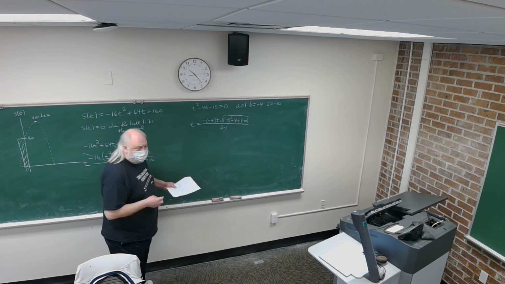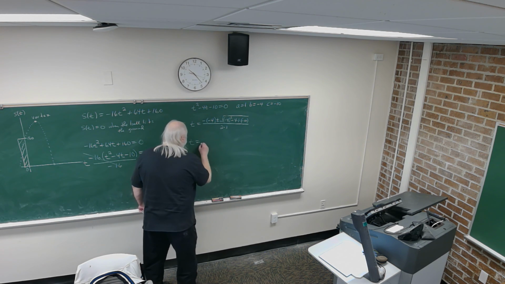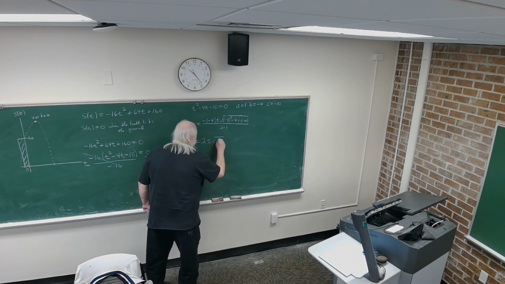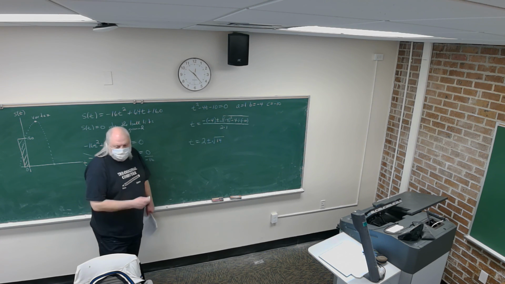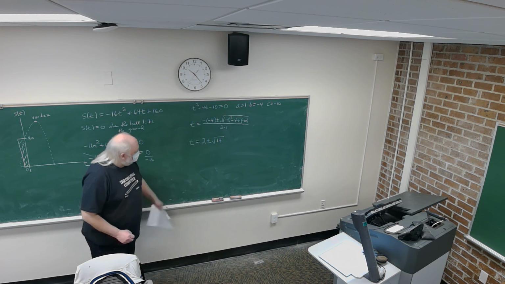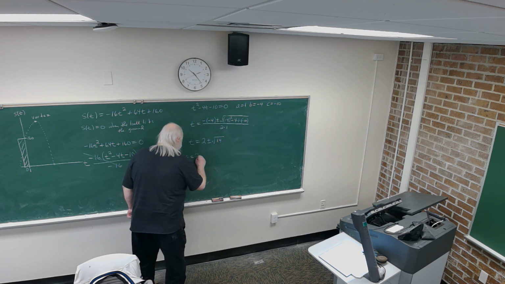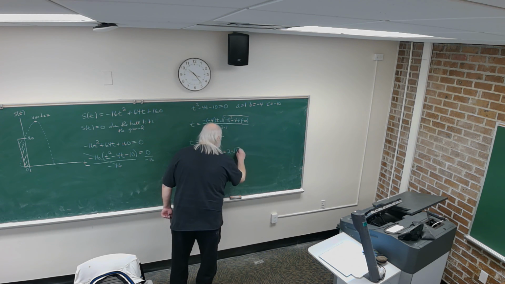Now I'm going to cut to the chase. You can verify this. But I ended up with t is equal to 2 plus or minus the square root of 14. Now you'll get better numbers than these on the exam, so don't freak out. And so there are two values of t. T equals 2 plus the square root of 14, and t equals 2 minus the square root of 14.